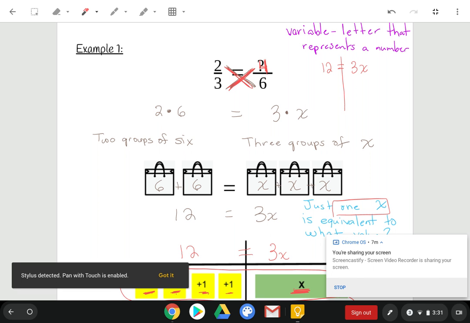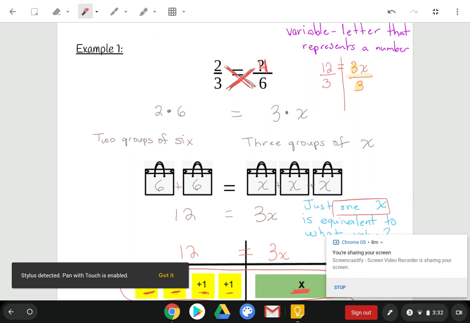Then our goal in solving the equation 12 is equal to 3x will be to get the x by itself. The way we're going to do that, we're going to think, well, on the right-hand side, the x is being multiplied by the 3. The inverse or reverse of multiplication is division. So I'm going to undo that by dividing by 3. But what we do on one side of an equation, we're going to learn we have to do to the other. So on the right-hand side, notice that I have a 3 divided by 3.